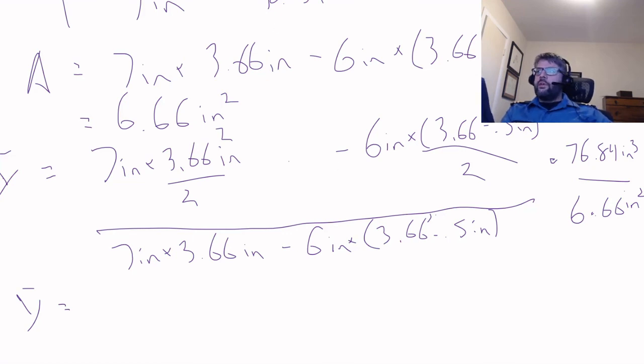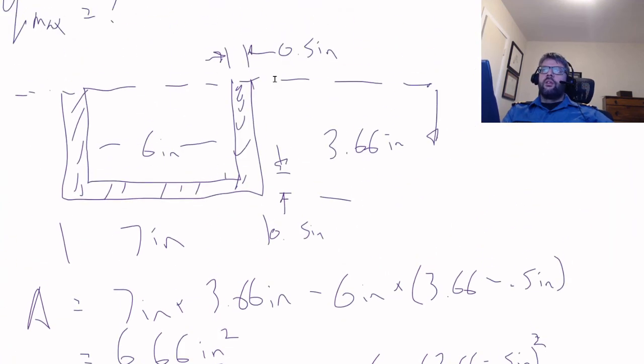That was incorrect because I screwed up the calculation over here somewhere. That should be 16.9 inches to the third. Divide by 6.66. There we go. That is a far more reasonable 2.54 inches. So that's the centroid of just that section there.